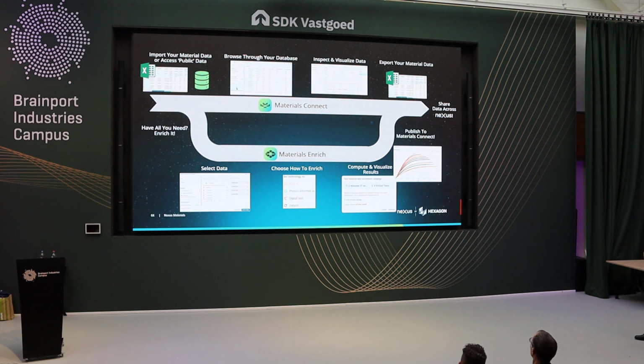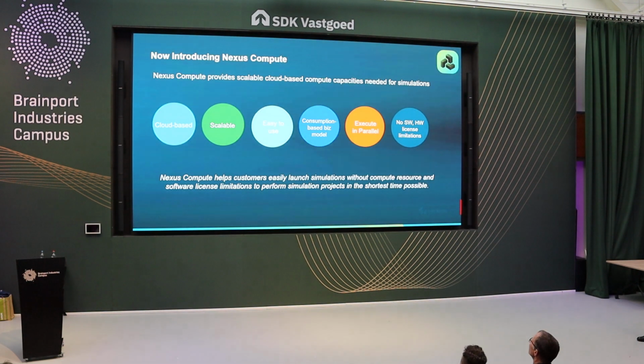This is using mostly AI, but not pure AI, but also physics-informed AI, which means that it's not only doing predictions on data itself, it's also considering equations and the physics associated to material behavior, so that you're sure that you're not going sideways or out of control with what you're trying to predict and what you're enriching in your database. I think Bernard is going to touch on it later on, so I will just switch now to introducing Nexus Compute.